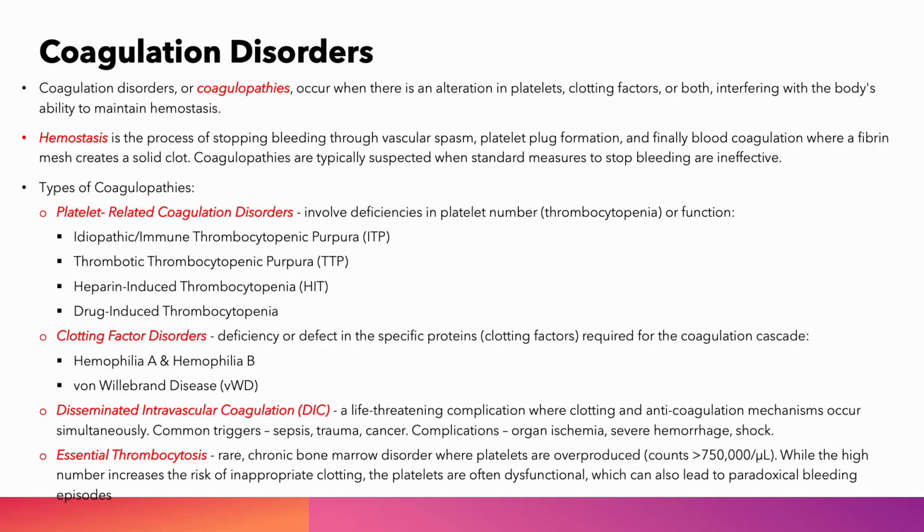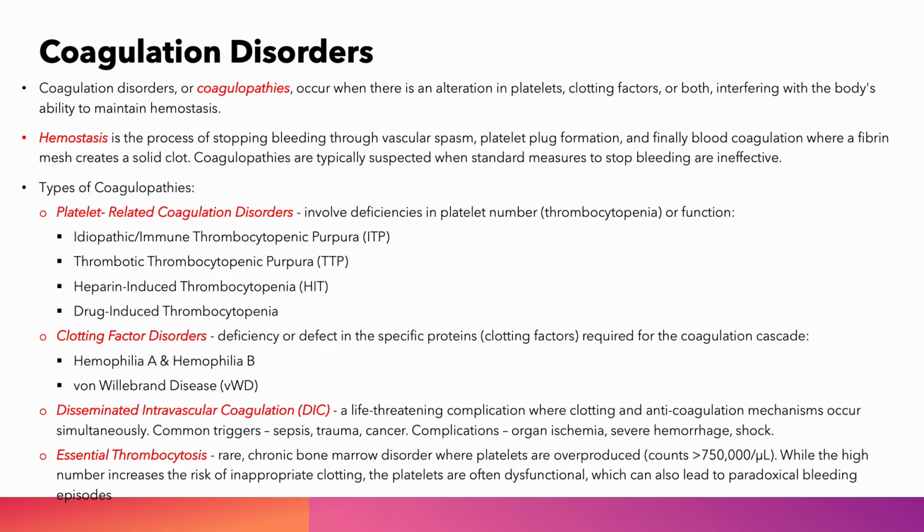This causes the platelets to clump in small vessels and leads to thrombus formation and organ damage. Then you have heparin-induced thrombocytopenia. This is an immune reaction to heparin that paradoxically causes clotting despite low platelets. Then you have drug-induced thrombocytopenia as well. This is basically thrombocytopenia caused by a drug.